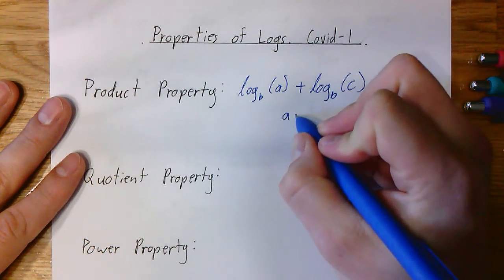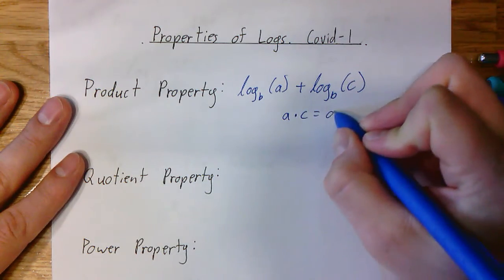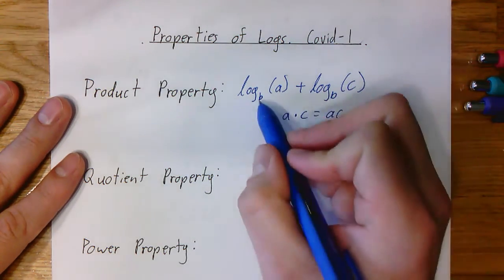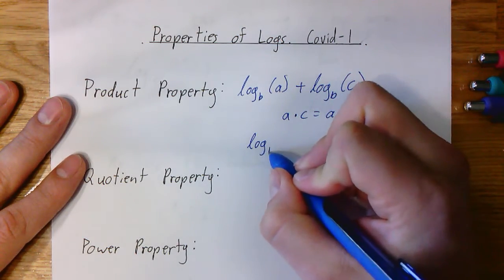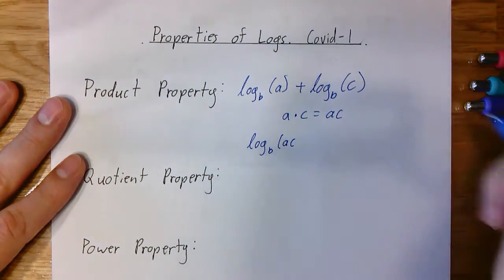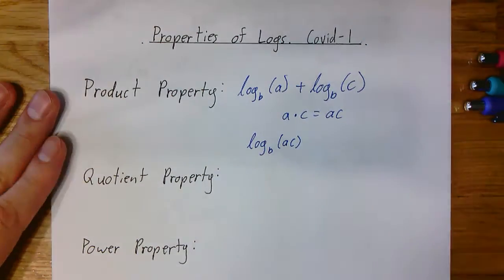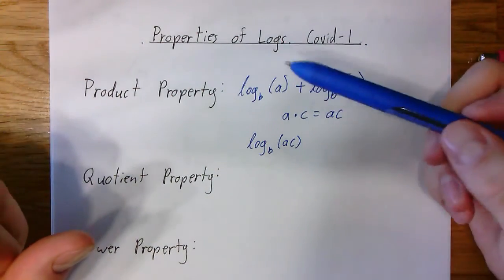So A times C is just AC, and then you stick them together in a single logarithm. So it would be log base B of AC. Close that parenthesis. So that's our product property.